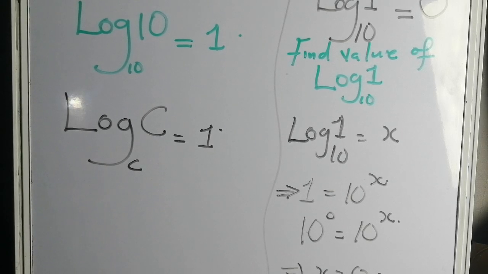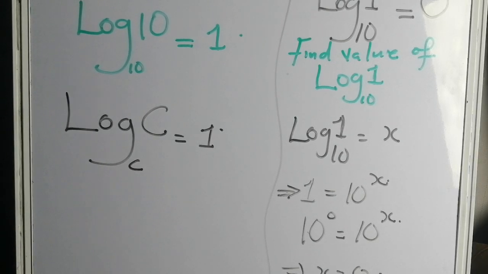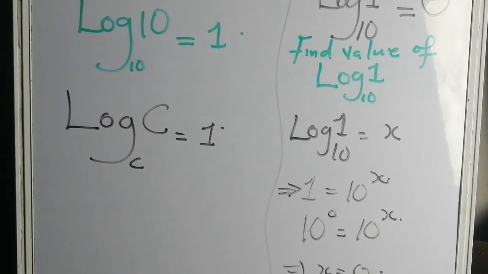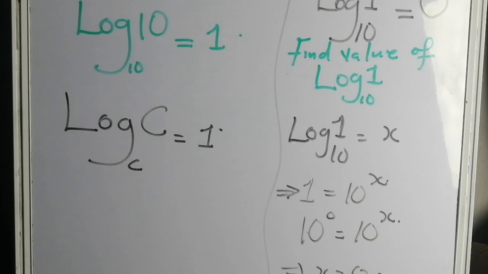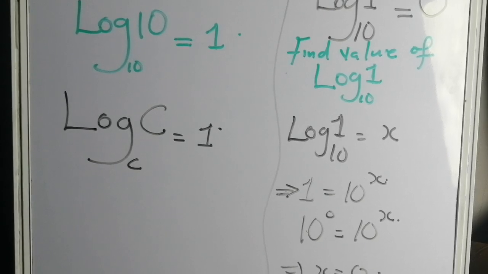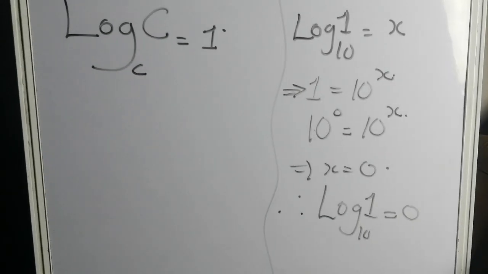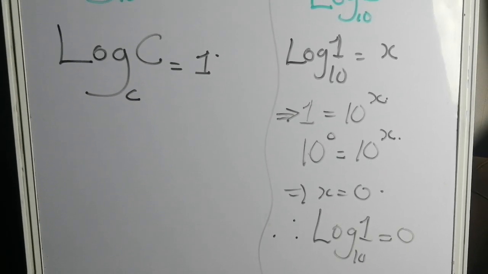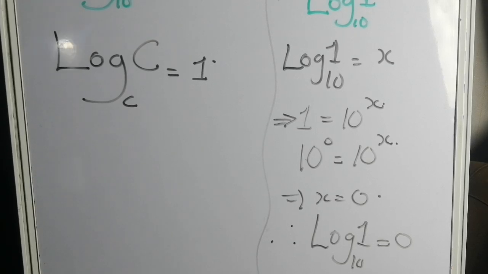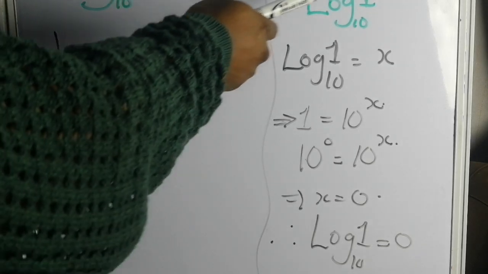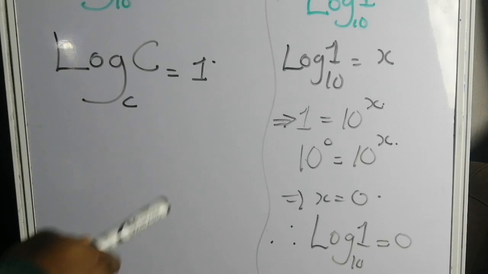So that explains why logarithm of 1 to base 10 is equal to 0. Because by the time we find the value for logarithm, we will eventually get 0. Find the value of logarithm of 1 to base 10.